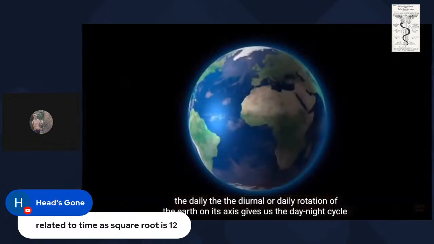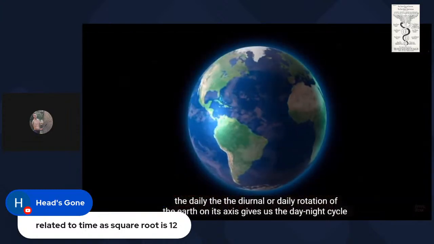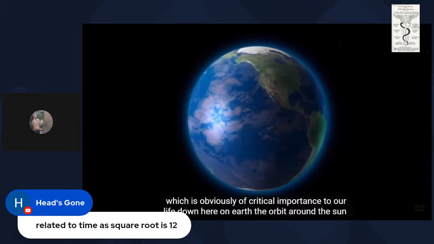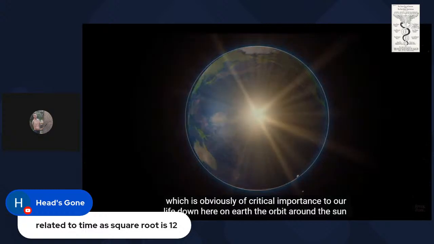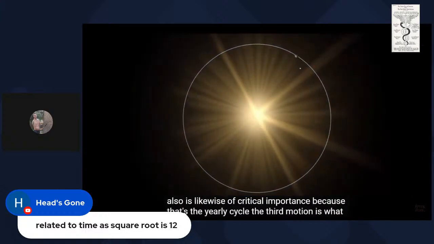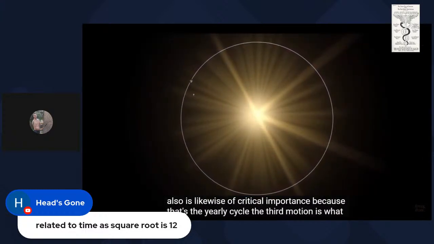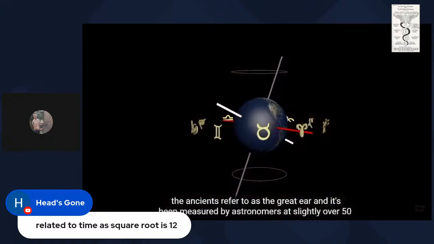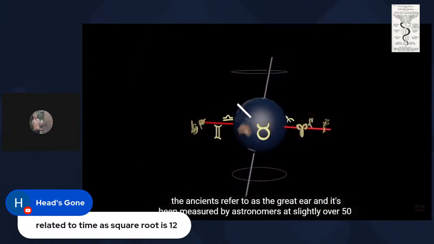The diurnal or daily rotation of the Earth on its axis gives us the day-night cycle, which is obviously of critical importance to our life down here on Earth. The orbit around the sun also is likewise of critical importance because that's the yearly cycle. The third motion is what the ancients referred to as the great year.